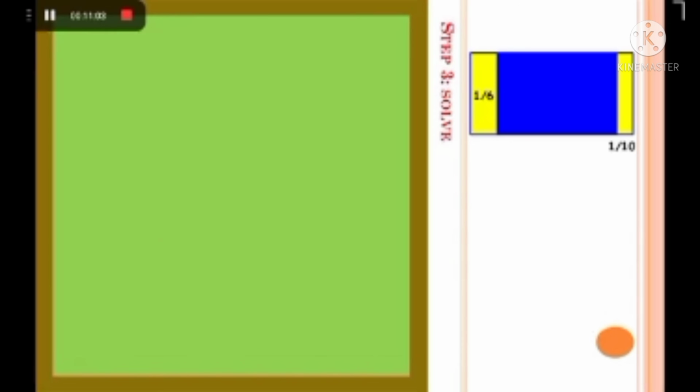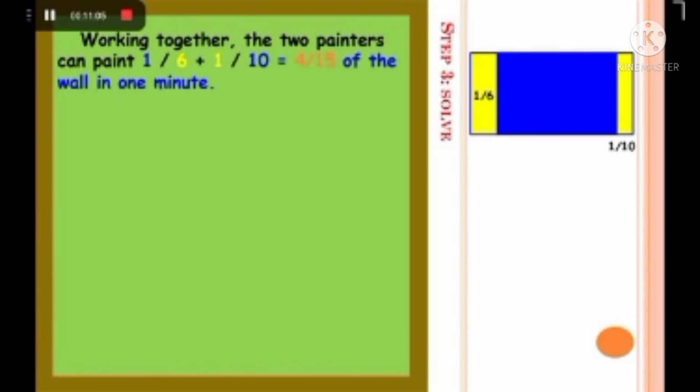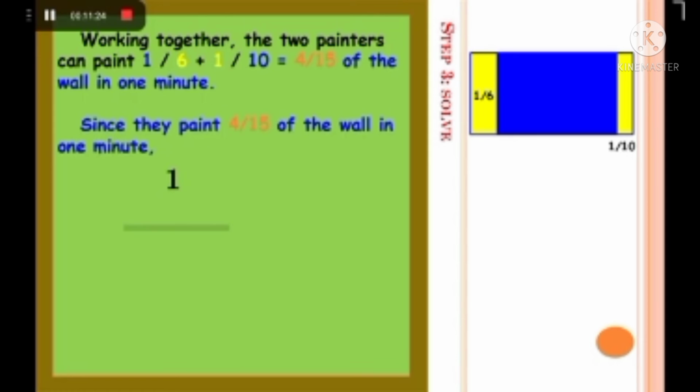So step 3, solve. Working together, the two painters can paint 1/6 plus 1/10 is equal to 4/15 of the wall in 1 minute. Since they paint 4/15 of the wall in 1 minute, then 1 divided by 4/15 is equal to 15/4.